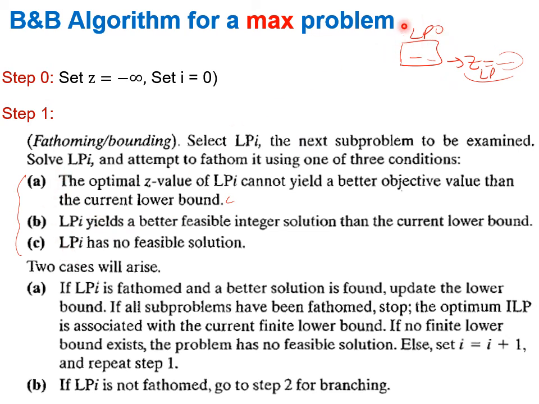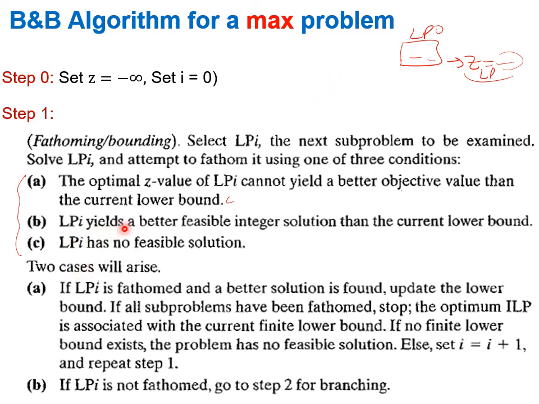When you solve an LP, if it is infeasible, you fathom it. If it is integer, you fathom it. If the objective function value after solving it is not better than the best integer, you fathom it. Okay? And when you fathom a node, you may have 2 cases.